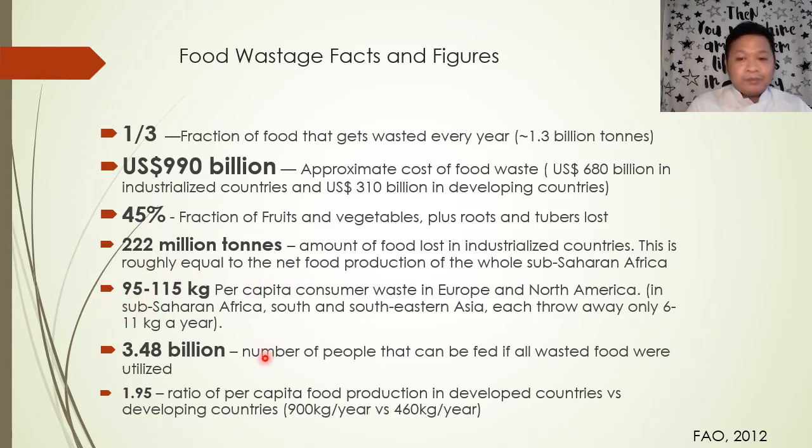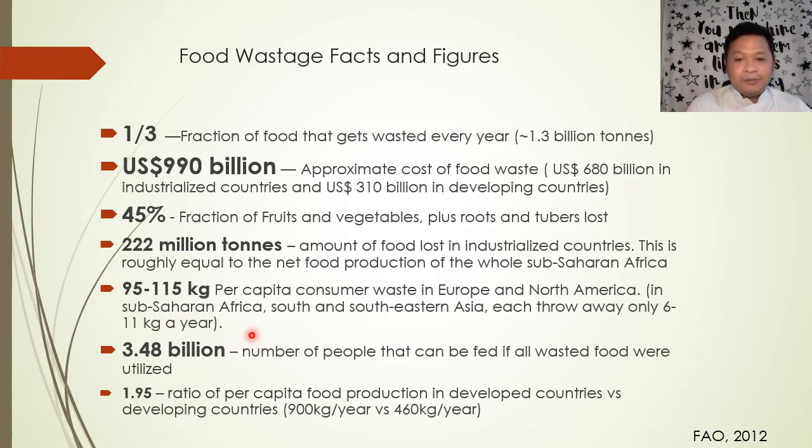Alright, all in all, if we were able to eliminate this food waste or turn them into something that ends up being eaten, we could feed an additional 3.48 billion people. Okay, it's pretty much close to half the population of the planet, right?